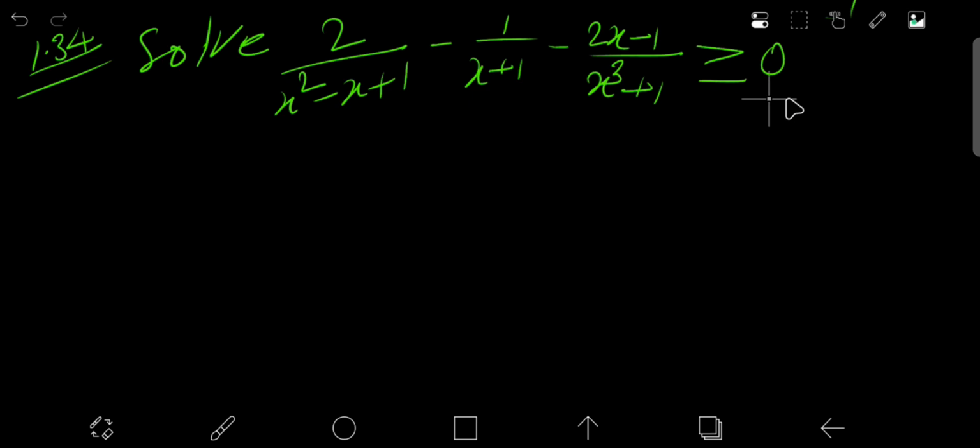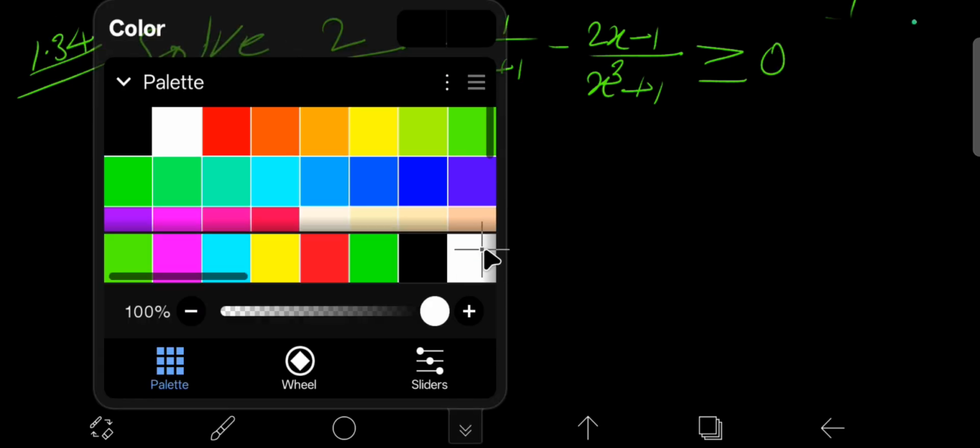Here it is given greater than or equal to 0.